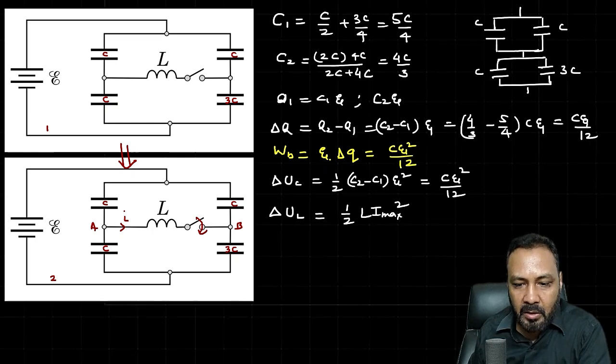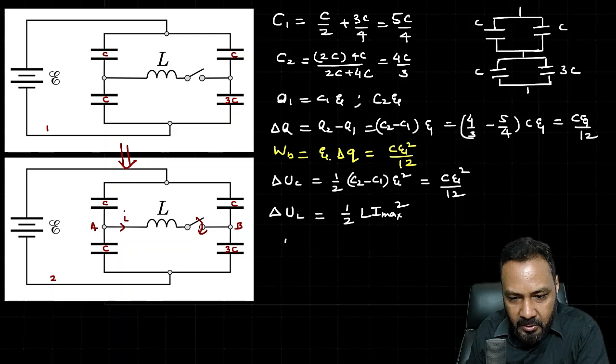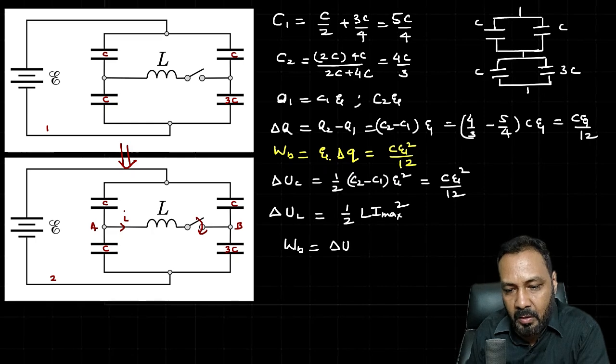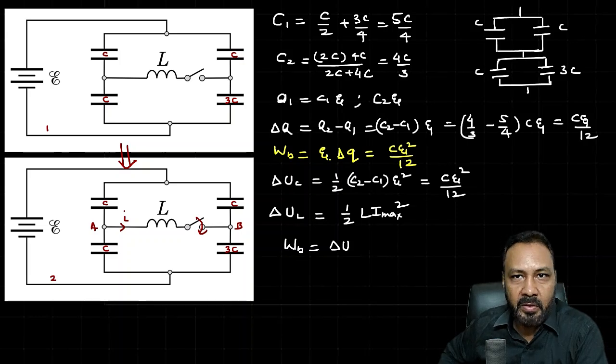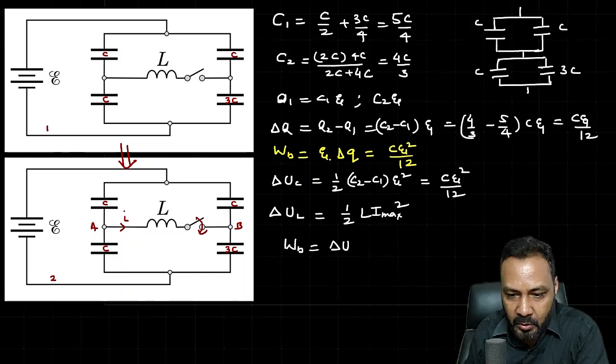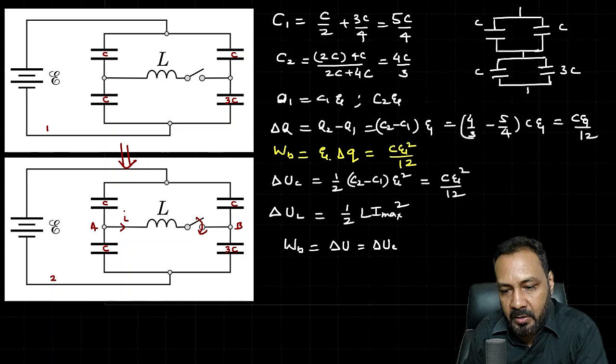Now we can apply energy conservation to the circuit. Energy conservation: WB is equal to delta U, the change in potential energy, and there is nowhere the heat is being lost. So all the work done by the battery would be stored in the form of internal energy. There are two types of internal energy, potential energy: one is the potential energy of the capacitor, and the other is the potential energy of the inductor.